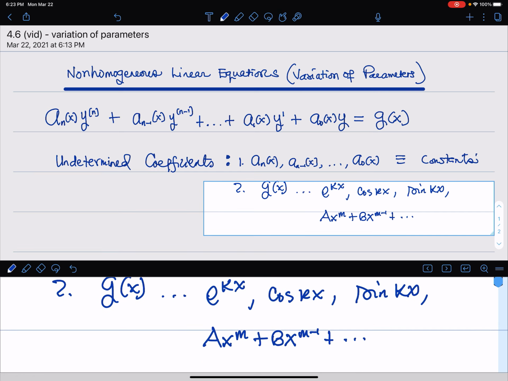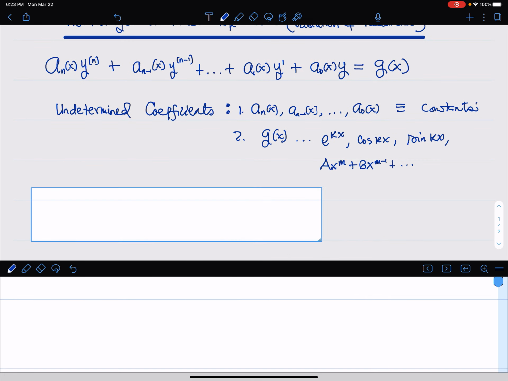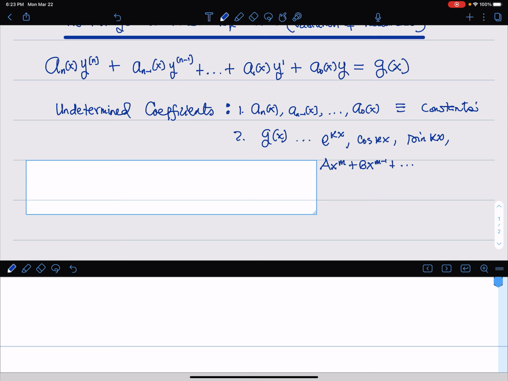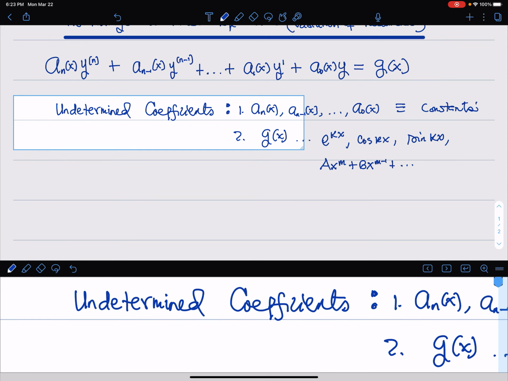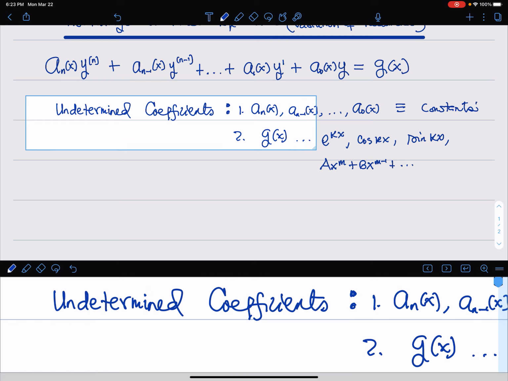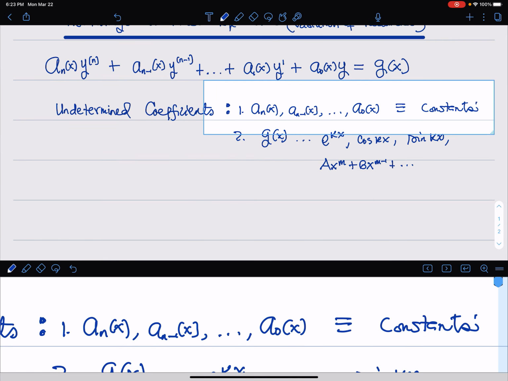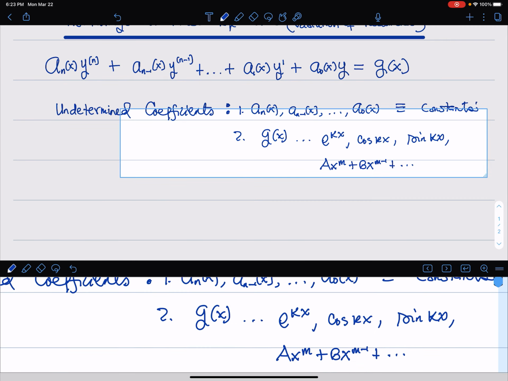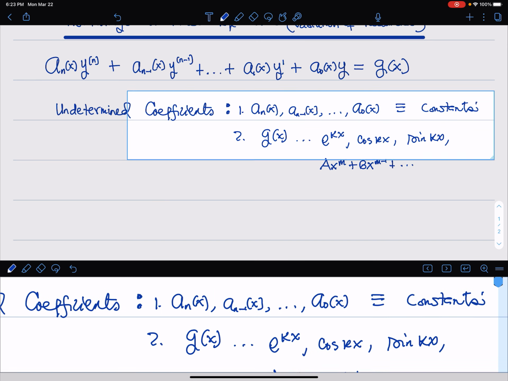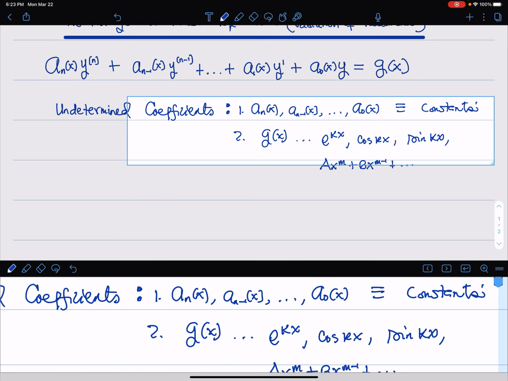So it turns out that the method of undetermined coefficients works when we have this kind of format for our a's and the g.